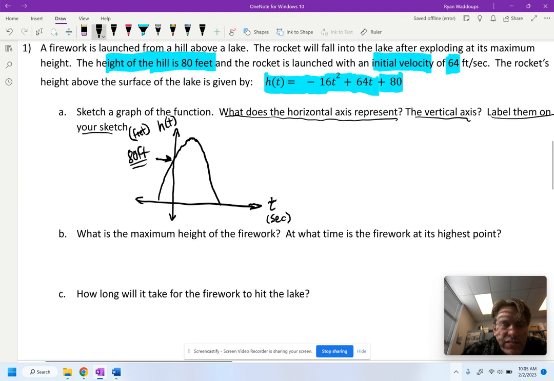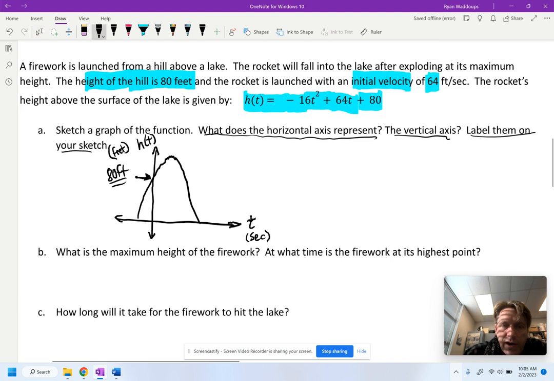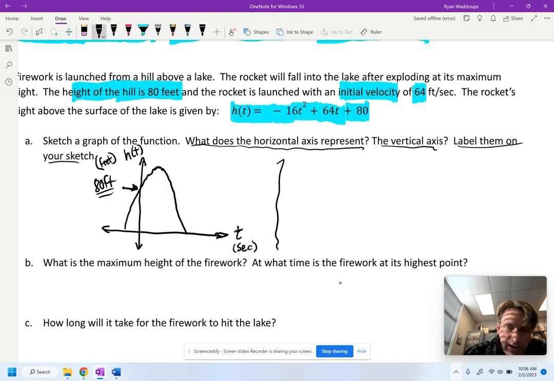So what is the maximum height of the firework? Let's just make note here. I'm going to use this space here. We've got h of t equals negative 16 t squared plus 64t plus 80.